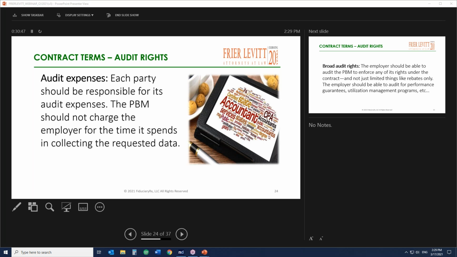Another trend that I've noticed is that PBMs charge plan sponsors for providing documents or information that are necessary for the plan sponsor to conduct an audit. It shouldn't be that way. Plan sponsors should demand the PBM provide documents as part of their PBM services.